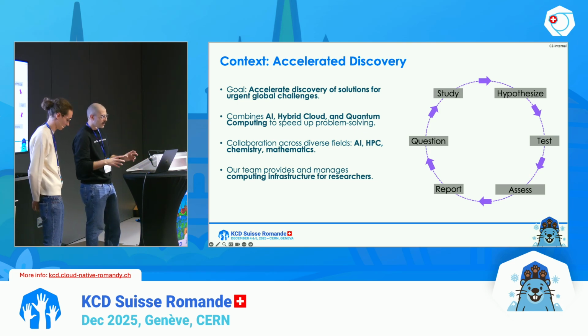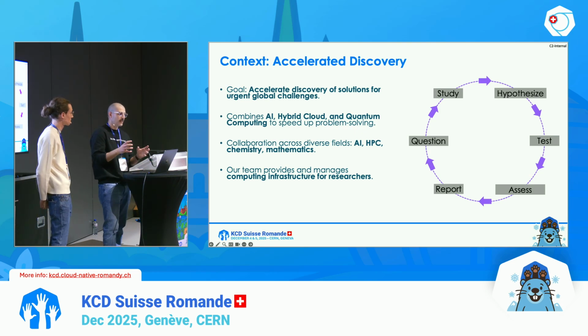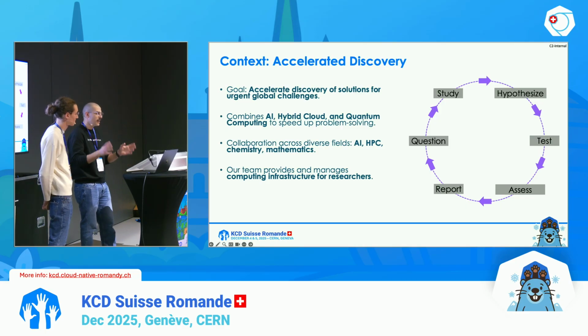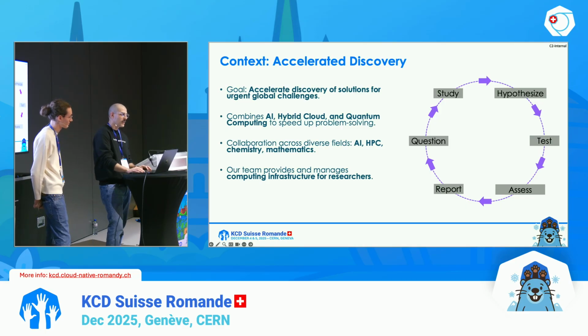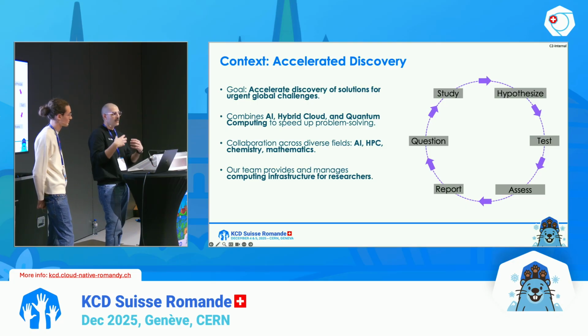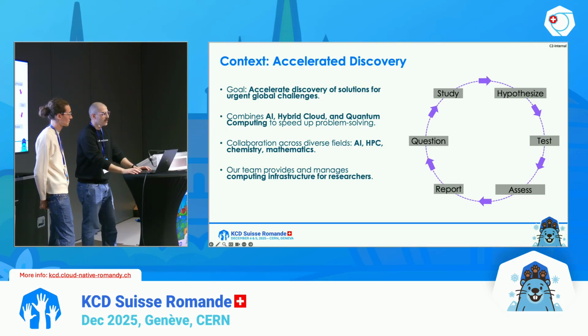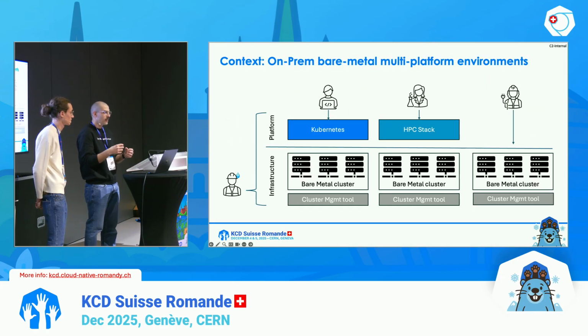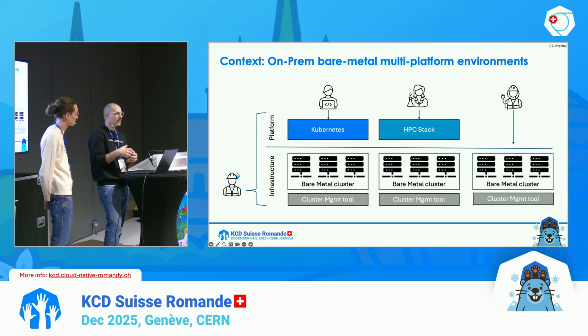So we collaborate not just with developers, but with researchers with many different backgrounds from AI, HPC, chemistry, mathematics, and so on. And our team's goal is to contribute to this initiative, but also manage the computing infrastructure for our colleagues. So we get requests for a very different and heterogeneous environment.